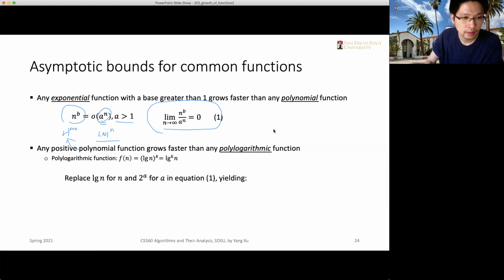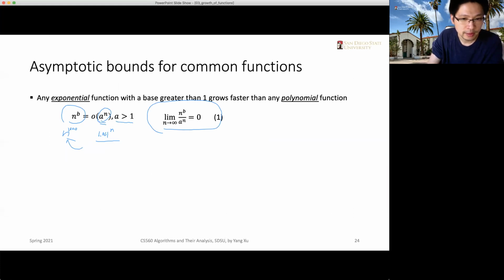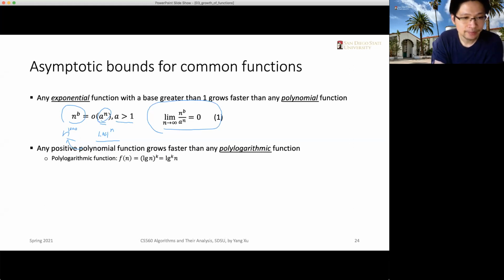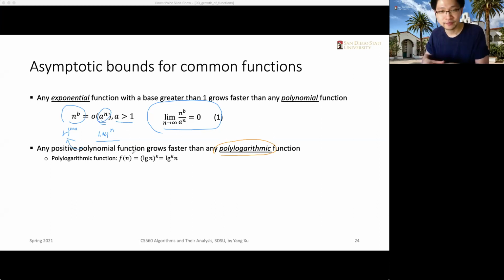The following property is basically an inference from the above one. It says that any positive polynomial function grows faster than any polylogarithmic function, which is a new term here. It's basically a combination of polynomial and logarithm.